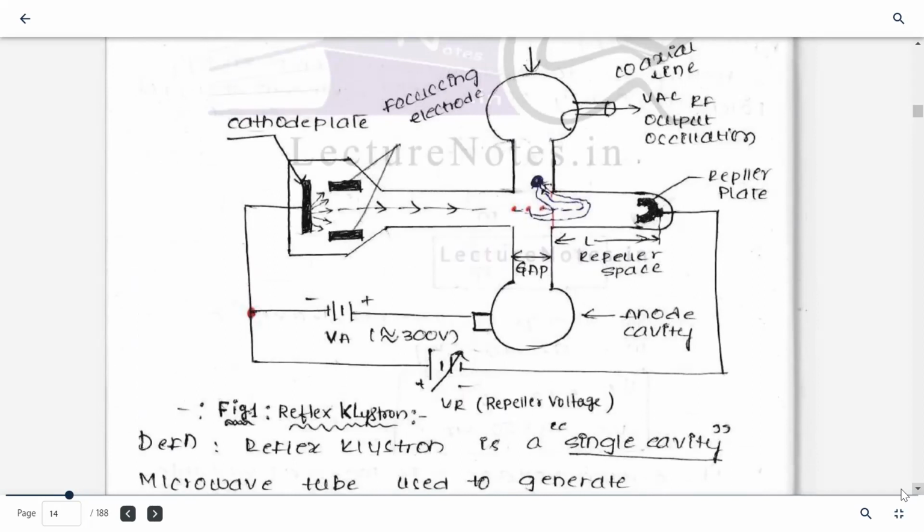A negative voltage is applied to the repeller electrode, hence the repeller electrode will repel the electron. The repelled electrons are retarded, so their energy is transferred to the cavity. Cavity is here, the gap. This will excite the cavity into self-oscillation, and the output power is removed from the cavity by the waveguide.